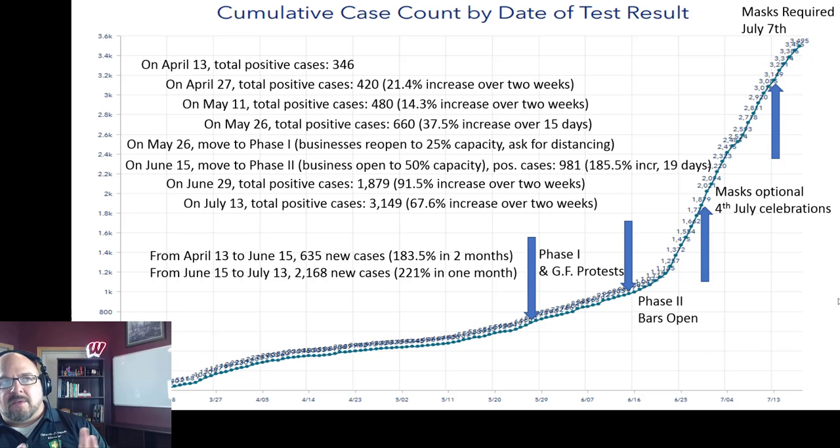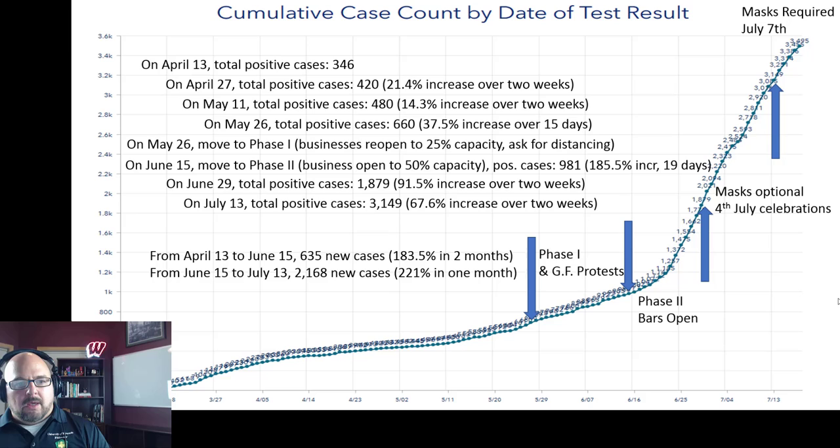So the behaviors that are exhibited may not result in knowing that you were infected from them for anywhere from 14 to 21 days. And so you've got to think of it that way: what were people doing, and then 14 to 21 days later, you're going to see the result of those choices.